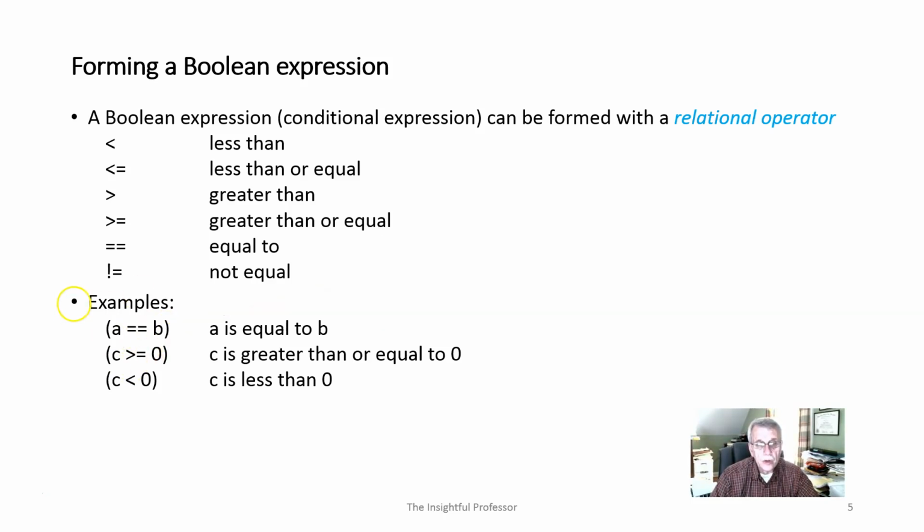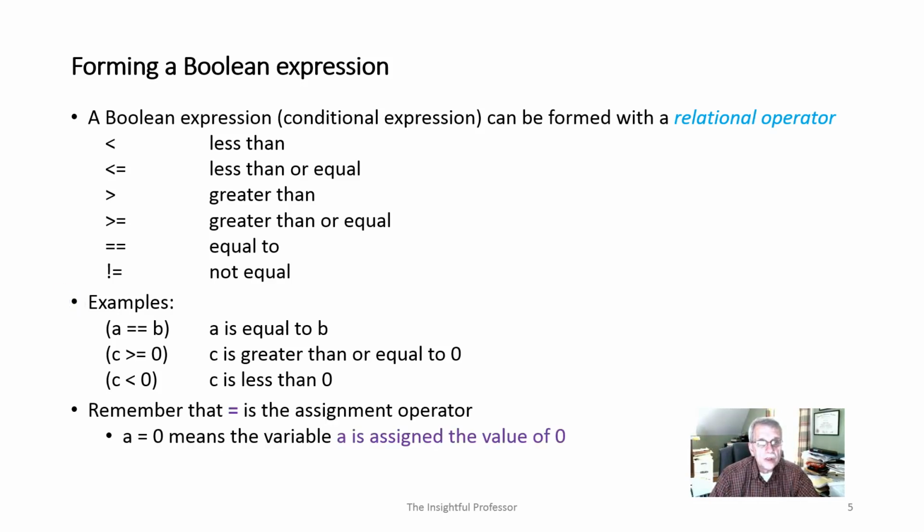Another example here is c. The contents of variable c is greater than or equal to 0. So what you're seeing is we can compare the values of two variables. We can compare the value of a variable against the value of a literal.